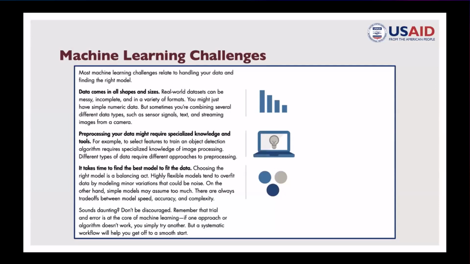Okay. Third, it takes time to find the best model to fit the data. They say that machine learning is also a trial and error process. Why? Because at first, when you build the model, it will not converge right away and we will not get our desired accuracy level right away.